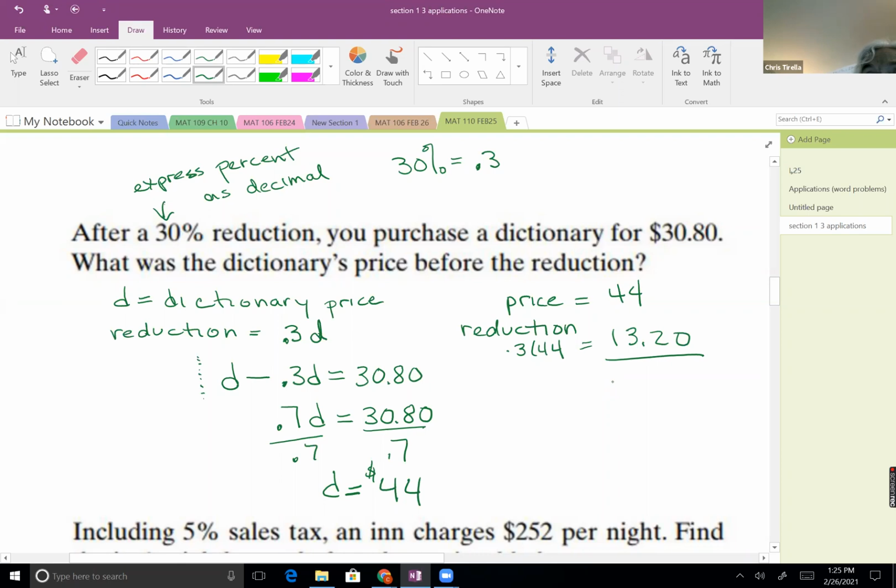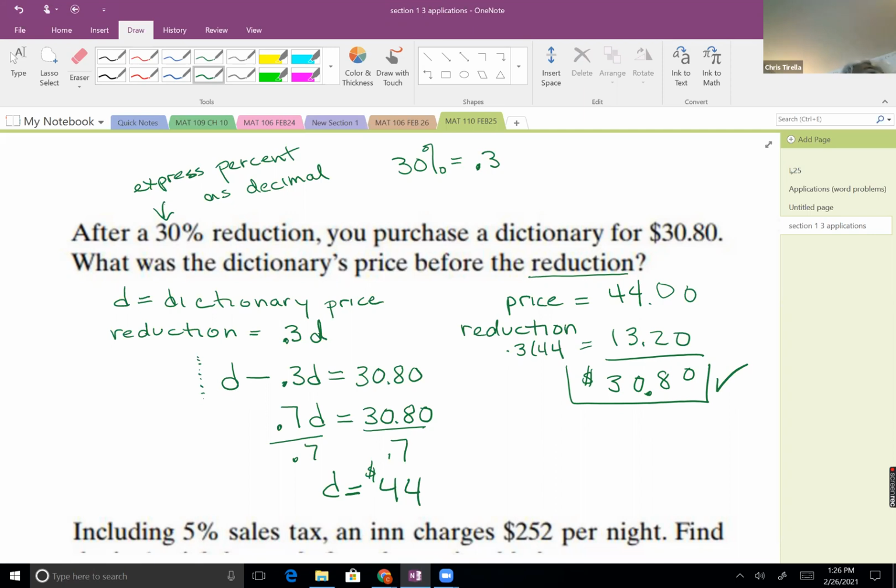And so when I subtract, I get that the sale price was indeed $30.80. So it checks. That one all right? Reduction could also be a markdown or a sale. Words that tell you you're subtracting.